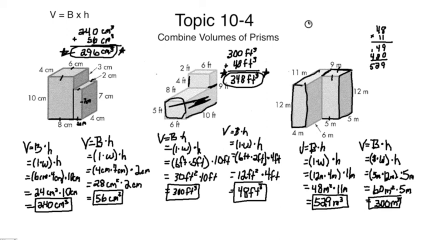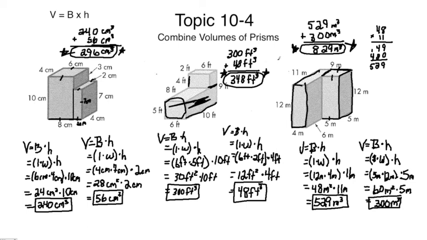I'm going to come up here, add 529 meters cubed plus 300 meters cubed. And our answer is 829 meters cubed. And I'm going to circle it and star it so I know that's my final answer.